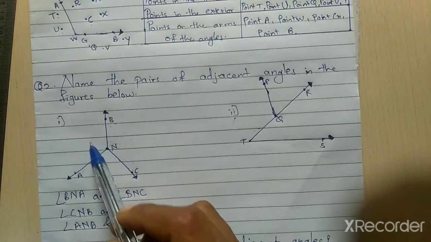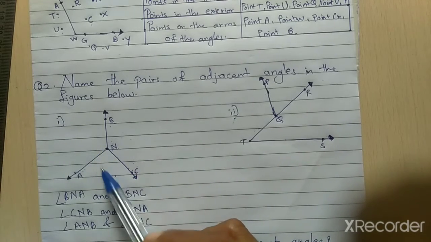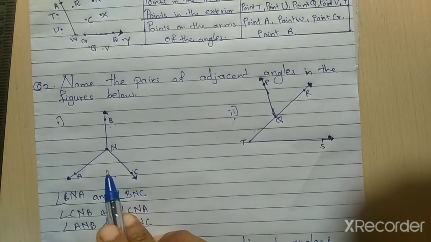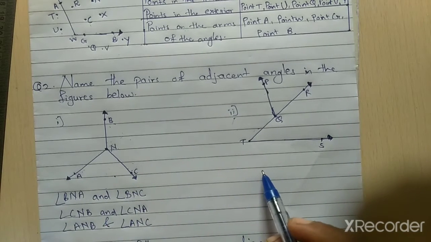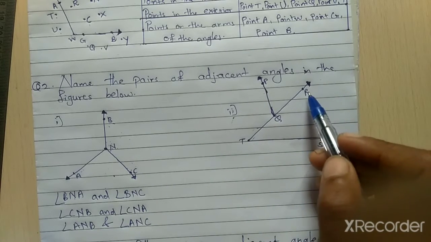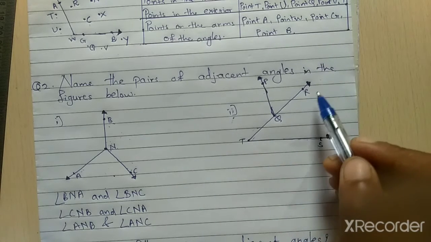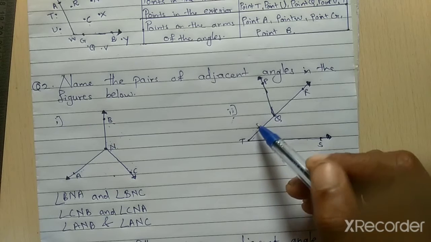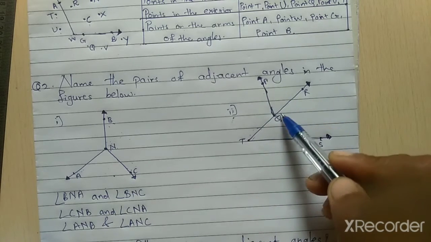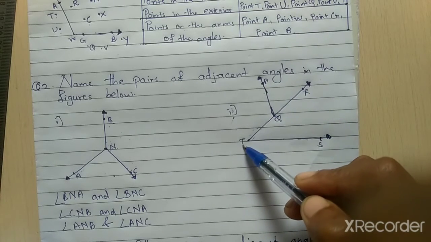So these two angles have separate interiors for this arm. Now what do we do for the second figure? Look here. For this one, angle RTS, there is no adjacent angle. But now look here. This one, angle PQR and angle PQT.